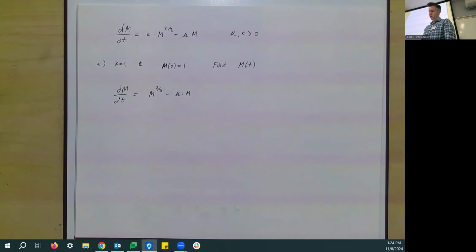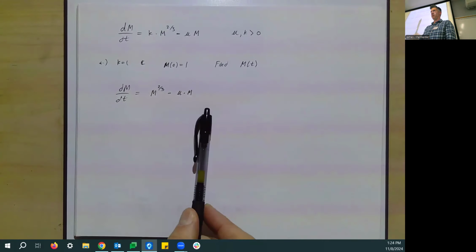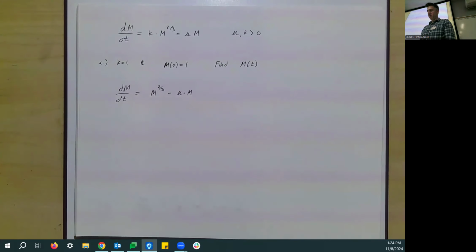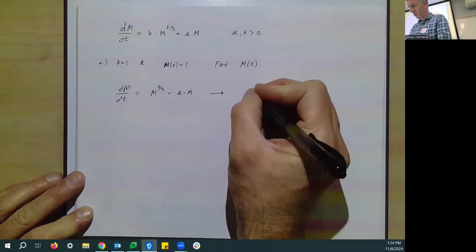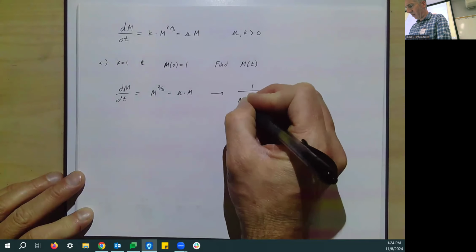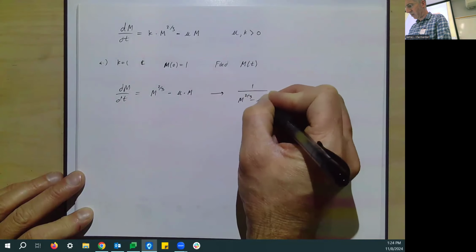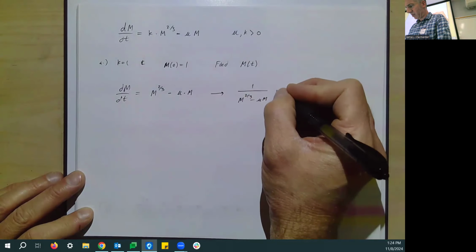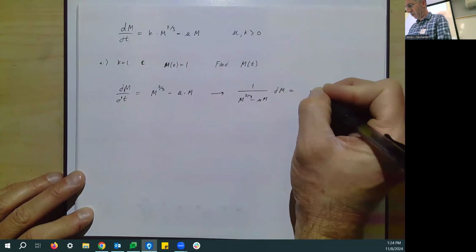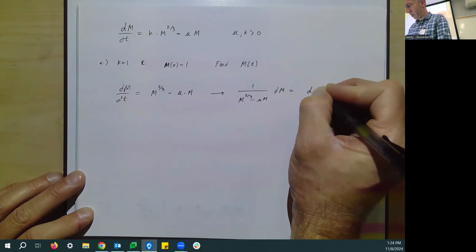So, thoughts? I have a thought, but I don't like it. I think to separate here, we divide both sides by the entirety of this. There isn't another choice. So I think we have to write this as 1 over m to the 2/3 minus mu times m, dm equal to dt.